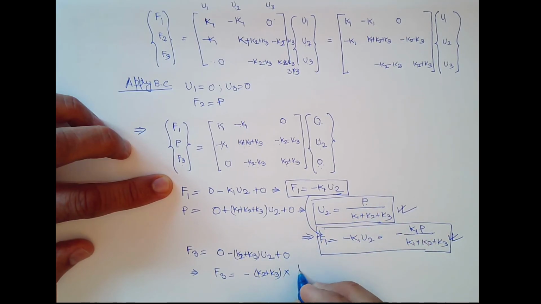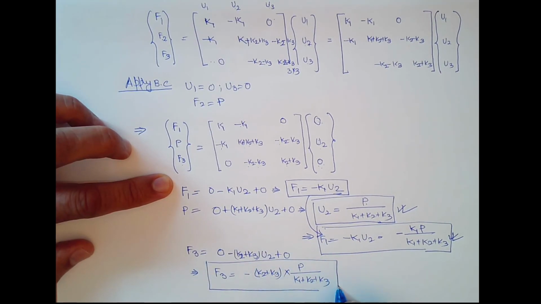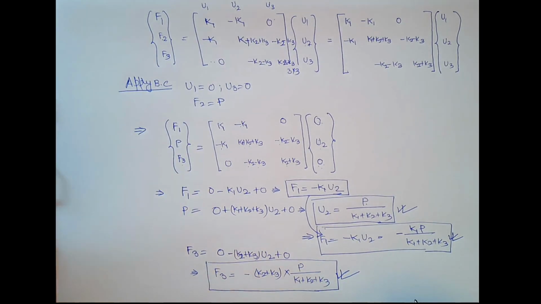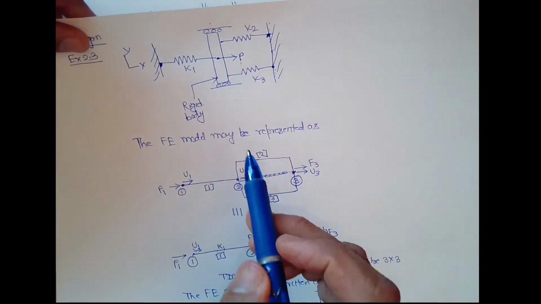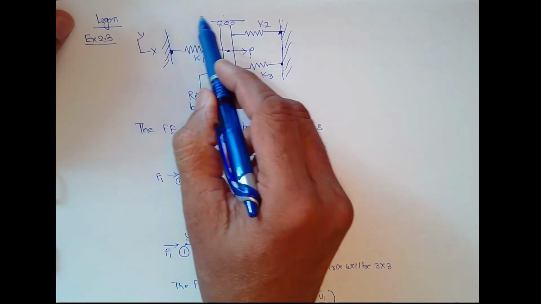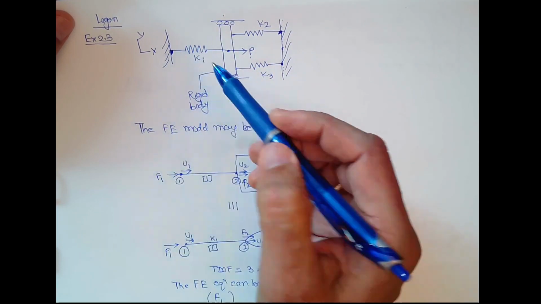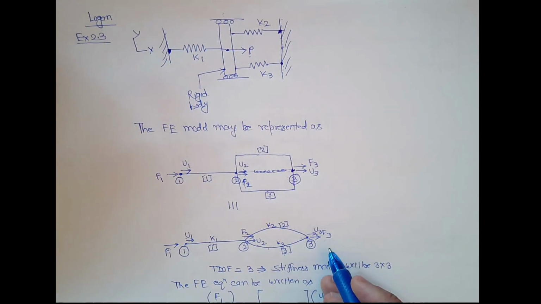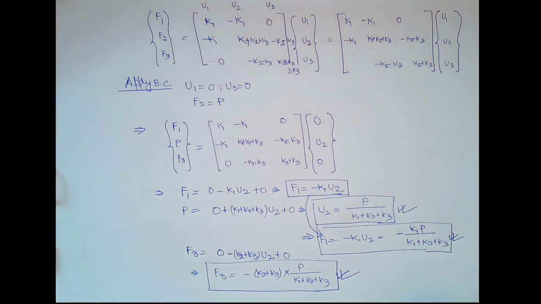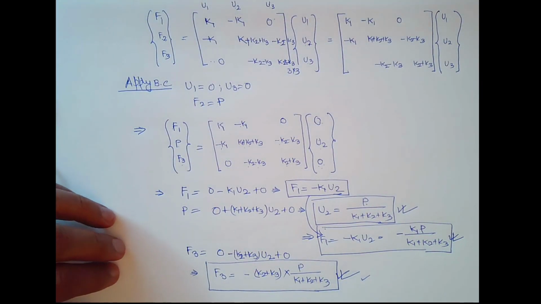U2 means P by K1 plus K2 plus K3. So the reaction force at the wall F3 is now known. So this way we solve a combination of spring elements joined through the finite element method.